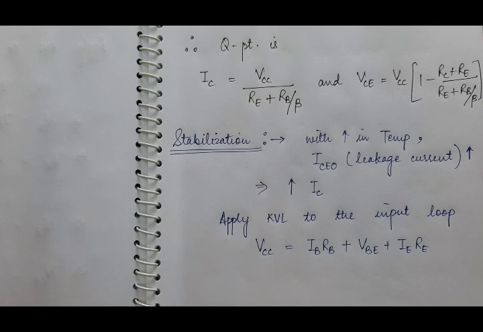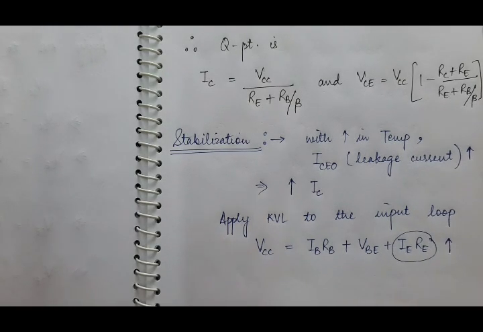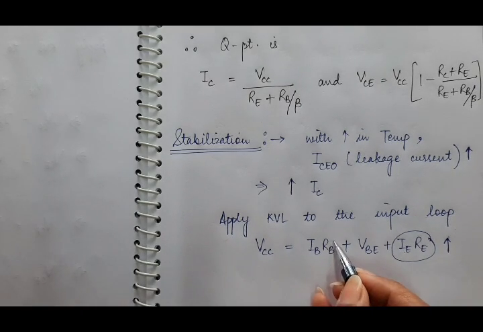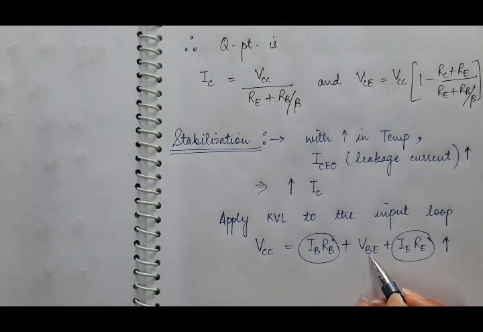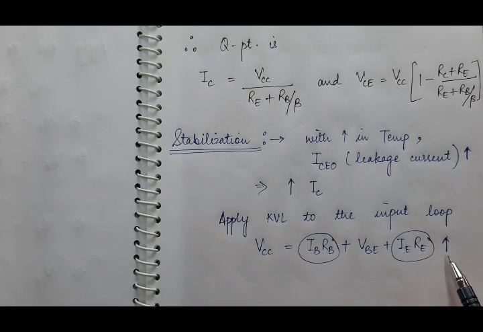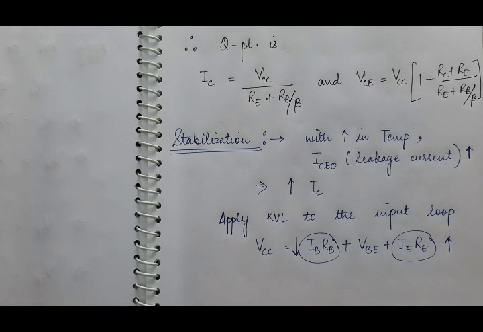If collector current increases, this emitter current will also increase. And if emitter current increases, then this IERE factor will increase, and because VBE will remain the same and VCC will remain the same throughout the circuit, if this IERE increases, this IBRB factor will decrease.